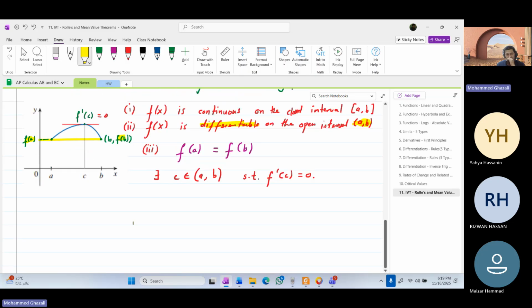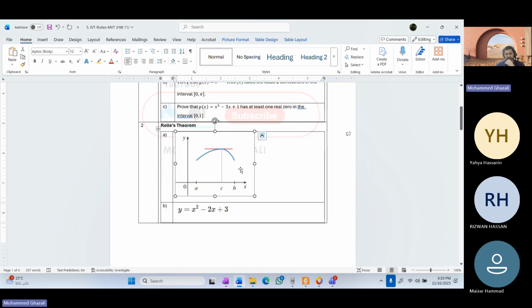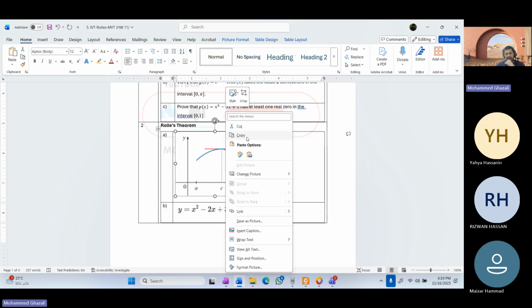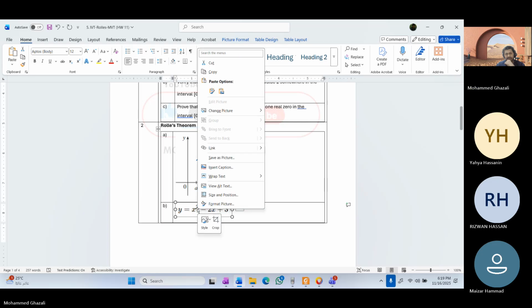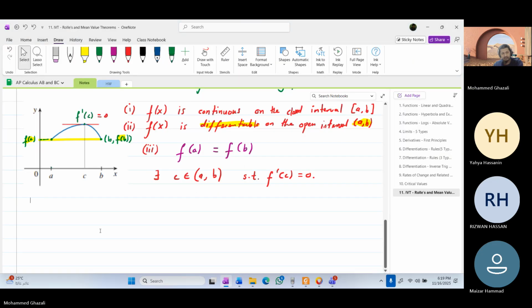Right? Now, let's solve a question so you can understand this scenario. I have a question here, which I made up. I have this function here: x squared minus 2x plus 3.